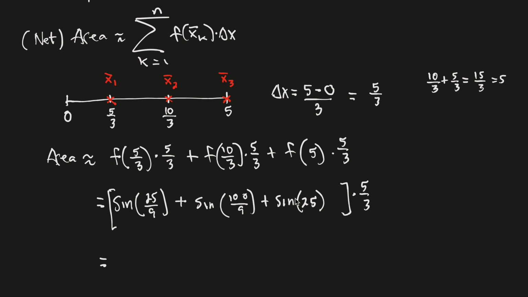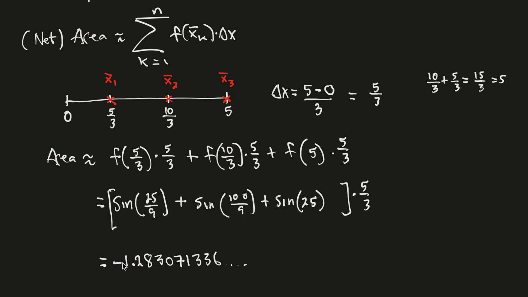And when you do that, add those three numbers together and then multiply by 5/3, and you will get this. Again, I will write down all the digits that I have on my computing device. So it's a negative 1.2830713336, and so on. Again, it's another irrational number.